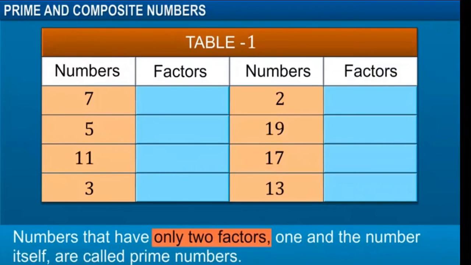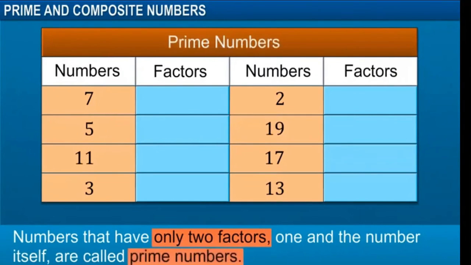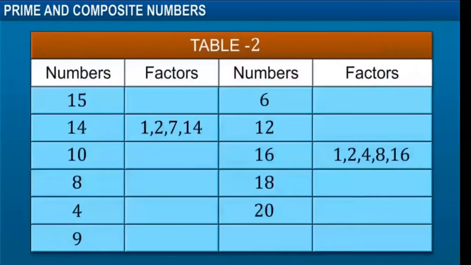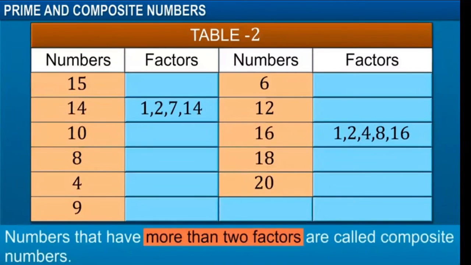These numbers are called prime numbers. Numbers like 4, 6, 8, 10, 12, 15, and so on have more than two factors. These numbers are called composite numbers.